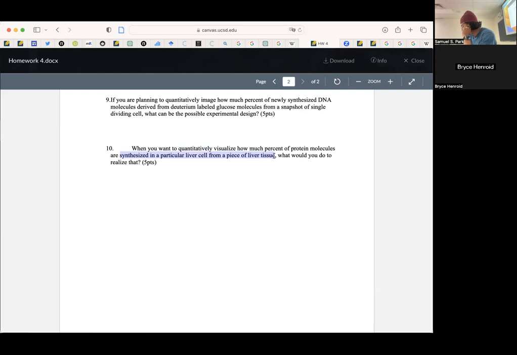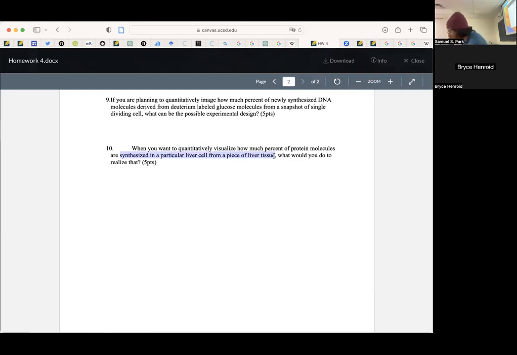Maybe she went over this in the slides. I don't remember how, but I know that what you mentioned earlier is a way of tracking newly synthesized proteins by using deuterium or a carbon-based isotope.